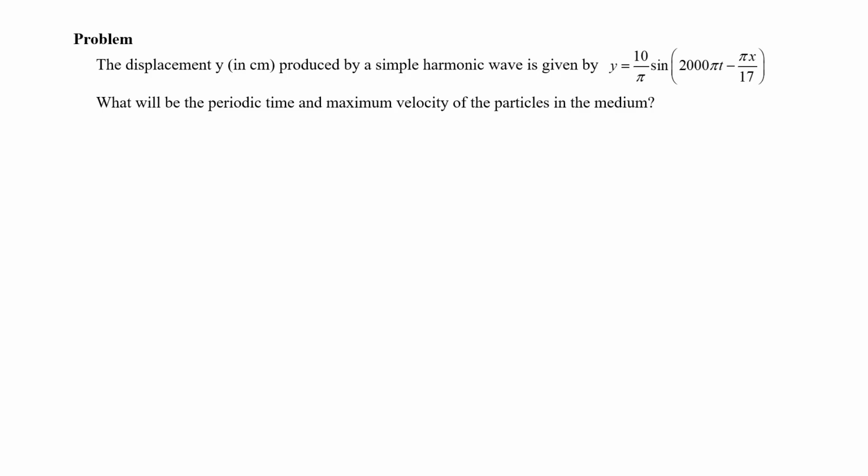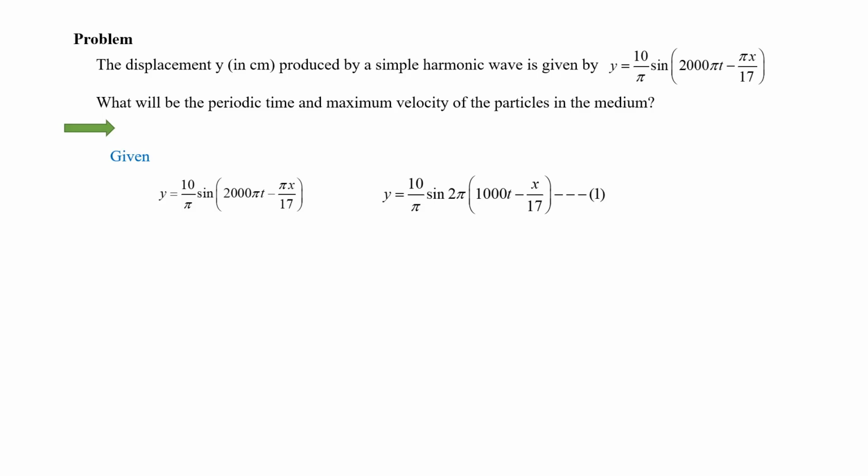Firstly, we have to know how the wave is displacing in that medium. Given is the wave expression, and we can write it in another form as y equals 10 by pi sine 2 pi times 1000 t minus x by 17.